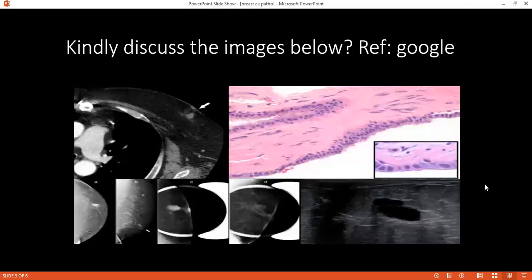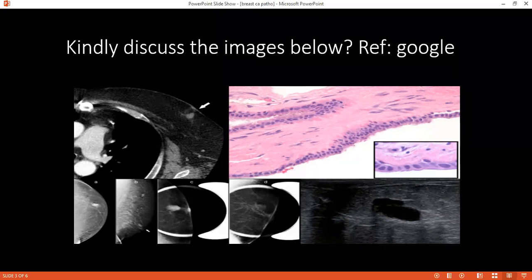Right. Can you help me read this image? Yes, ma'am. There are three images.